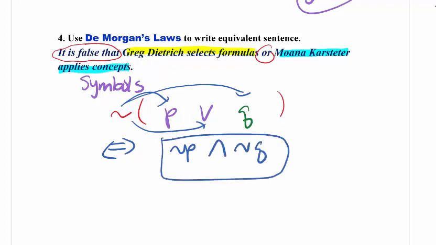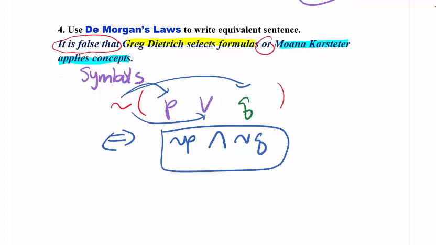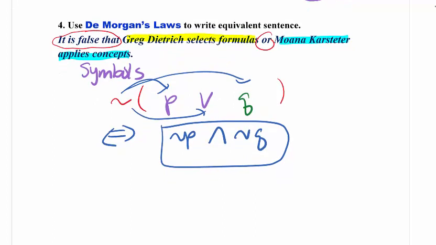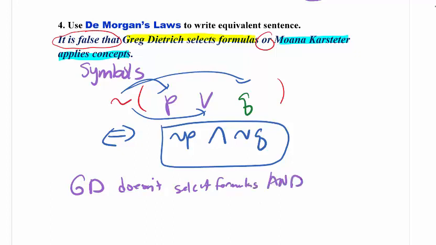So I am now going to write in words this statement. So I'm going to abbreviate when I write this piece out. Greg Dietrich does not select formulas, and Moana does not apply concepts.